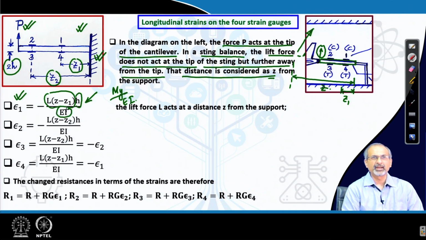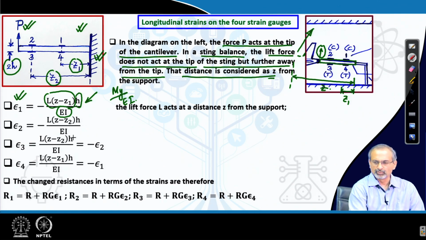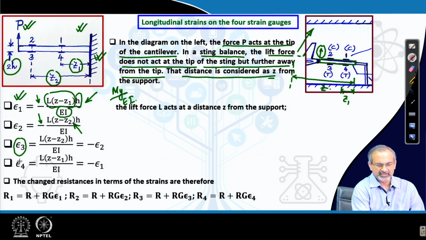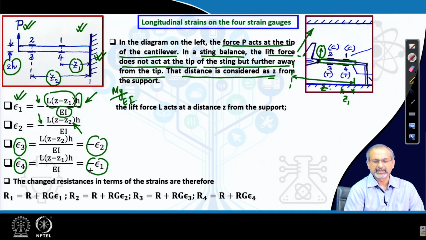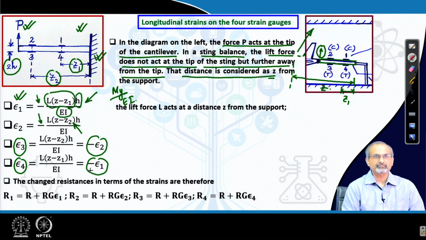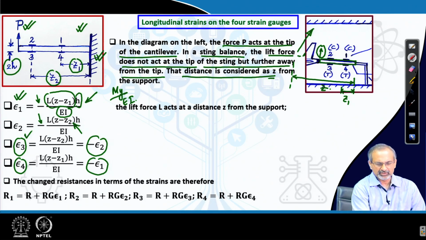In a similar manner, epsilon 2, again due to compression, has a negative sign, with the accompanying distance z minus z 2, and then the corresponding strains at points 3 and 4 can be very easily obtained if you equate them with the negative values of epsilon 2 and epsilon 1 respectively. Remember that these are positive strains.